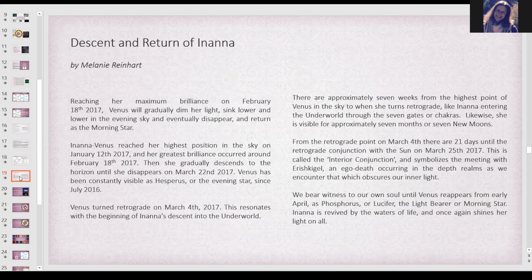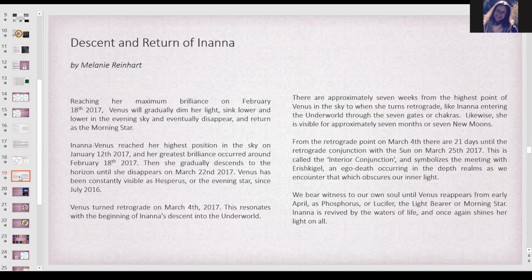Inanna Venus reached her highest position in the sky on January 12, 2017, and her greatest brilliance occurred around February 18. Then she gradually descends to the horizon until she disappears on March 22nd.